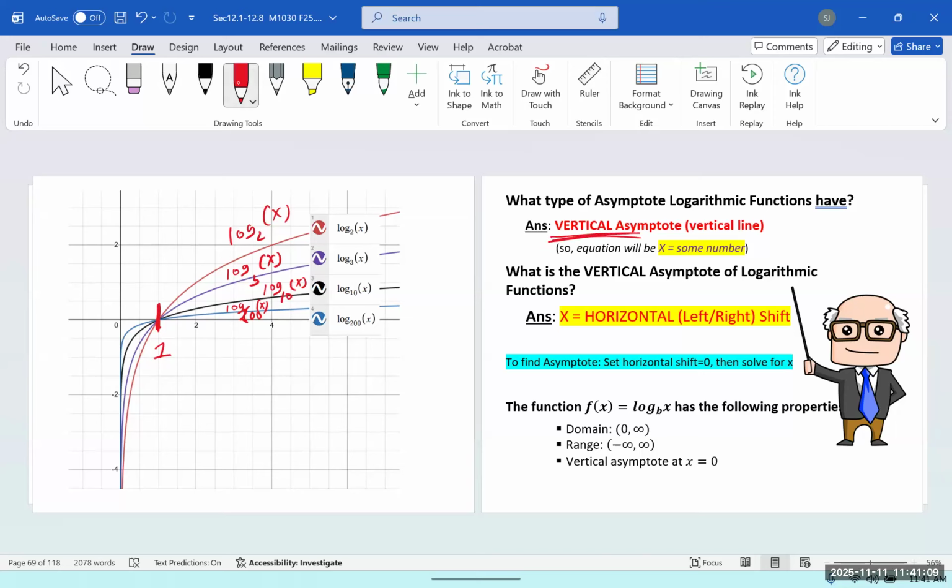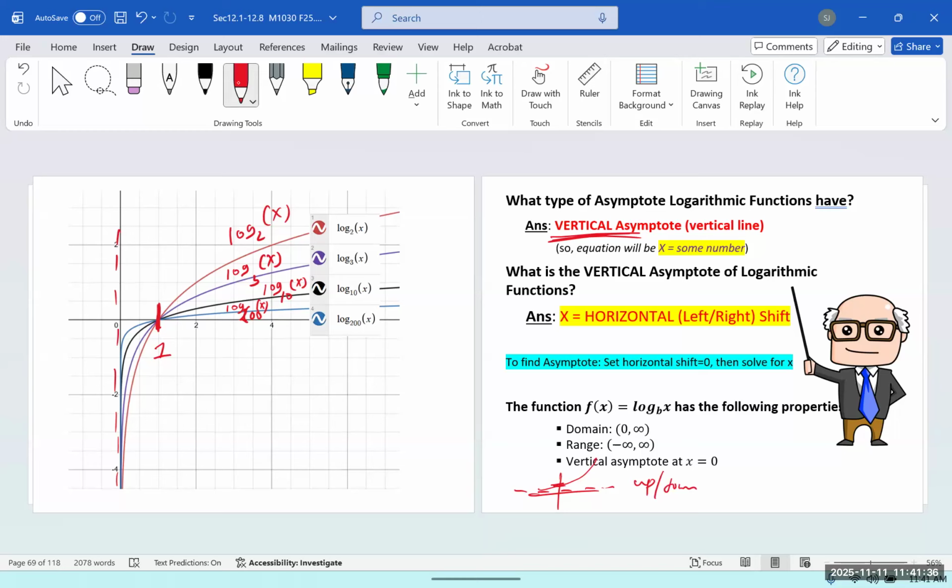So for logarithm, we have a vertical asymptote, and where we get that vertical asymptote is from your horizontal shifting. Either you go left or right, that will tell us the vertical asymptote. So for the exponential graph, you had a horizontal asymptote, and we got it from up-down shifting.